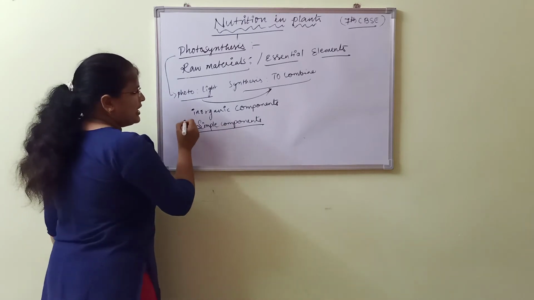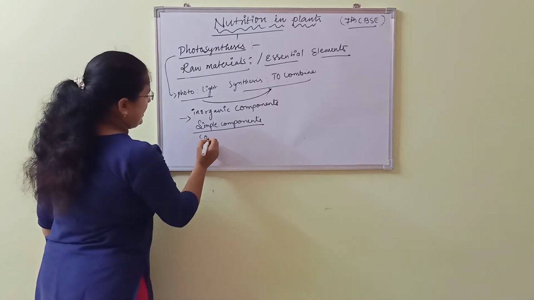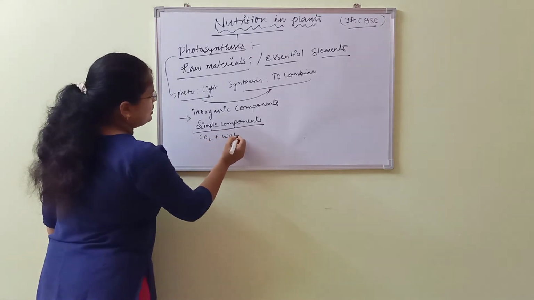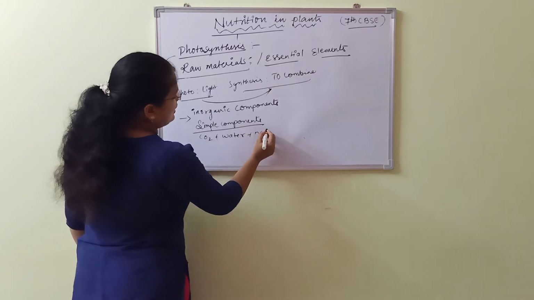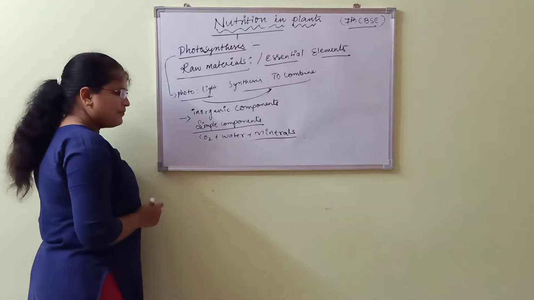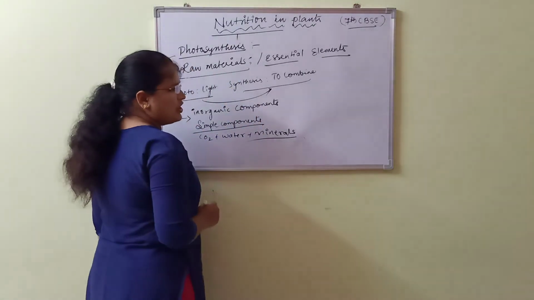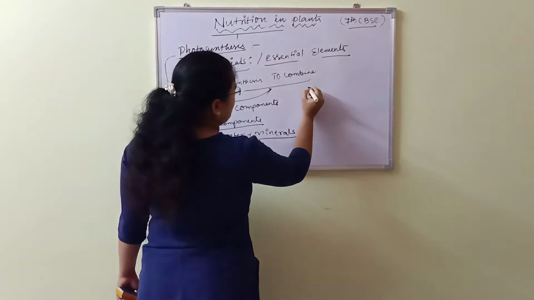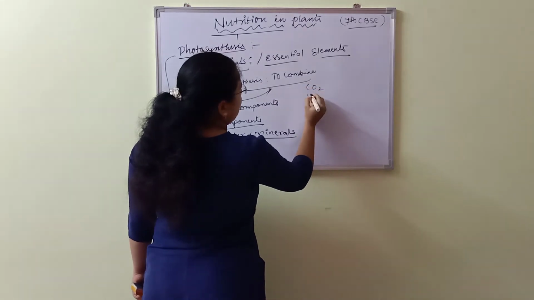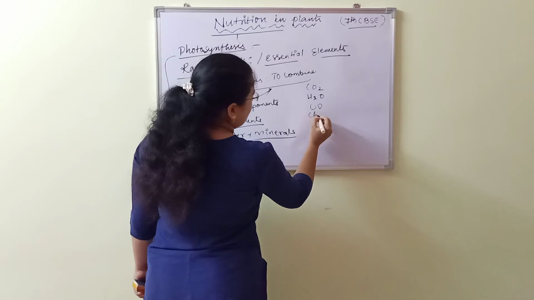What are those inorganic components? Carbon dioxide, water plus some minerals are the inorganic components. So the raw materials essential for photosynthesis are carbon dioxide, water, sunlight, and chlorophyll.